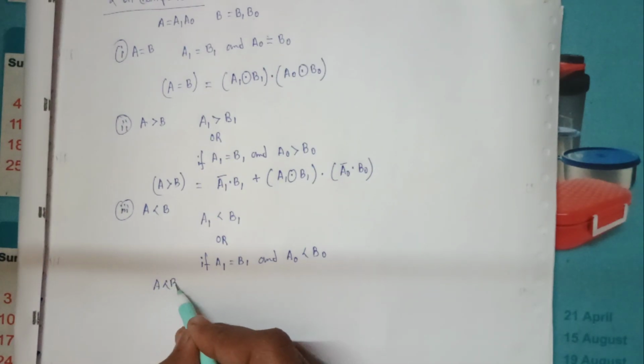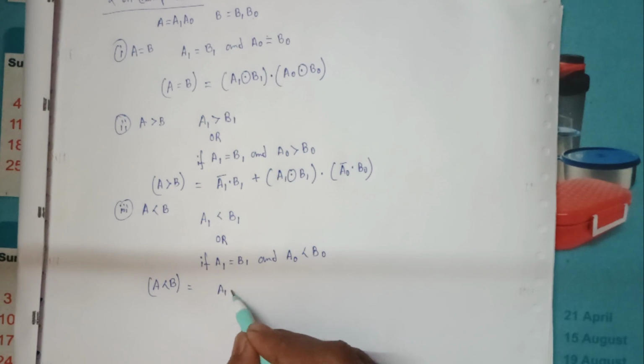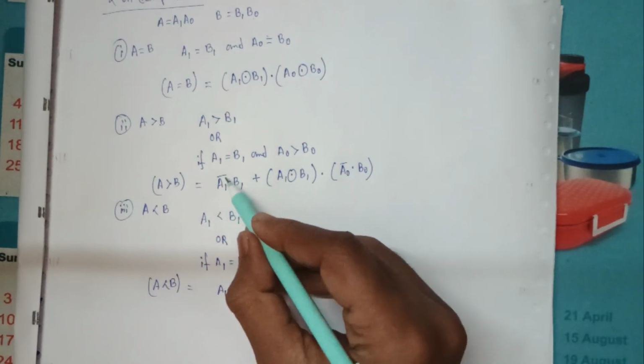So the final expression for A less than B will be A1 dot, oh sorry, there is a mistake.